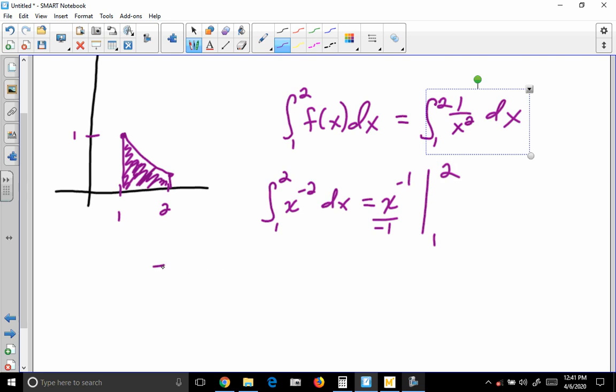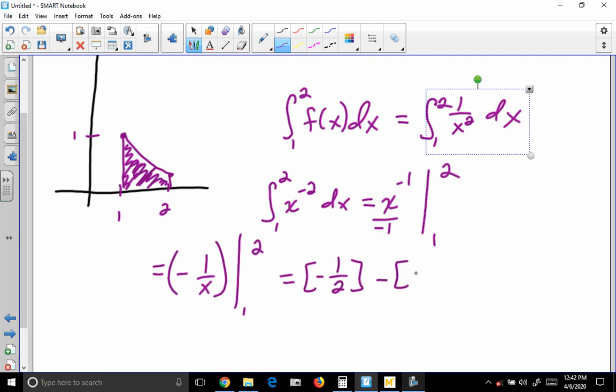So before we plug in, let's simplify our function. We can put the negative out front. Instead of calling this x to the -1, we can call that 1 over x. And we want to evaluate that function from 1 to 2. So if we put a 2 in, we have -1 over 2.